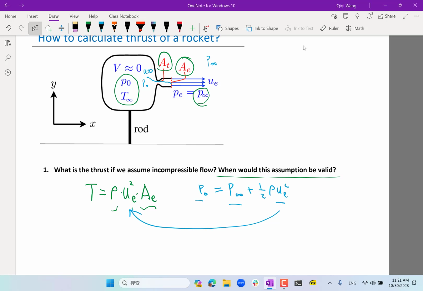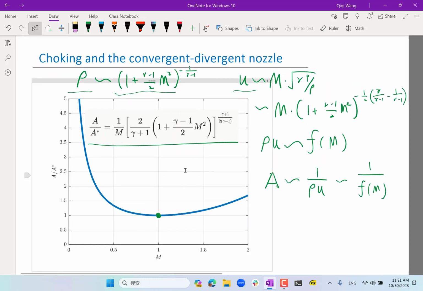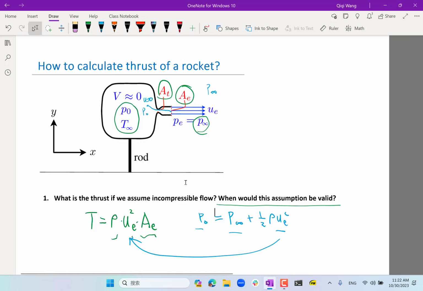Using the isentropic relations, you have to apply the choking constraint, because it could be less than 1, but it can't be more. If you follow what I had in the last slide, what you get is the ratio between an area and a choking area. That is for flow that chokes at a certain point where the flow is equal to the speed of sound.